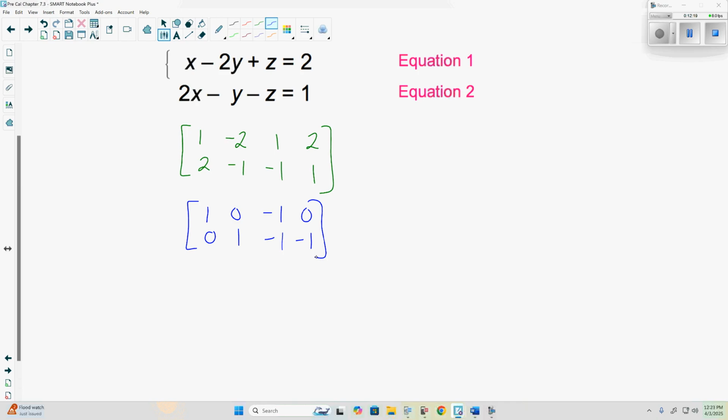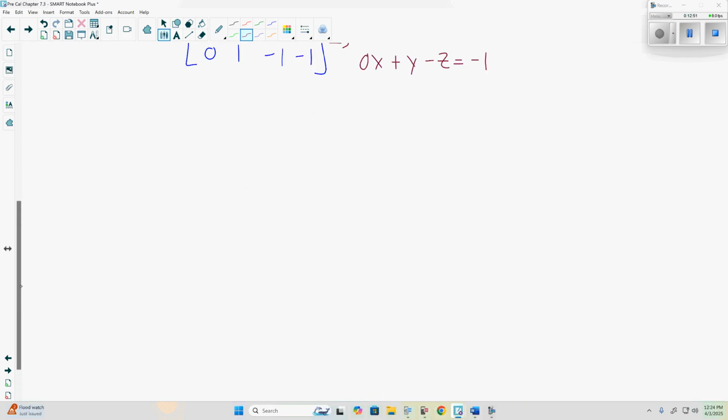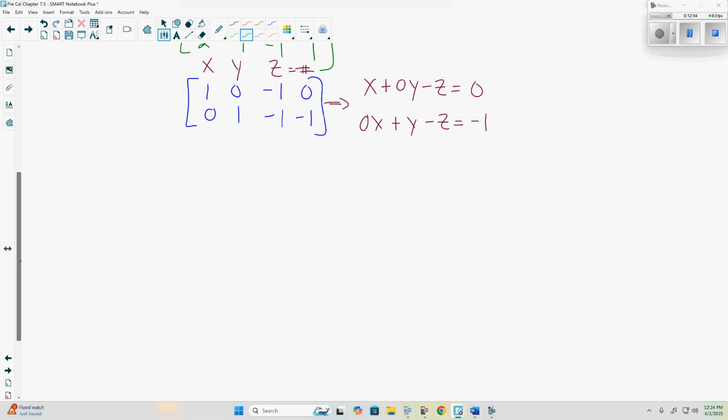Now we have to put the variables back in to understand what we're looking at. So we had x, y, z is equal to our numbers. So for the first equation, we now have x plus 0y minus z is equal to 0. The bottom equation, we have 0x plus y minus z is equal to -1. But really, we can look at these two equations in the form of, well, the first one is x minus z is equal to 0.